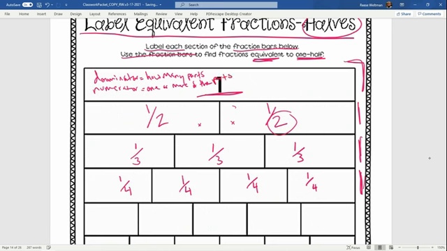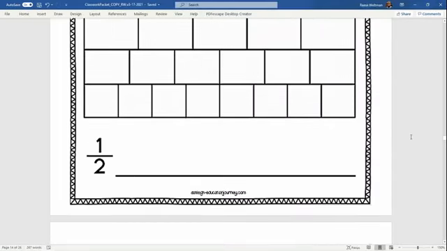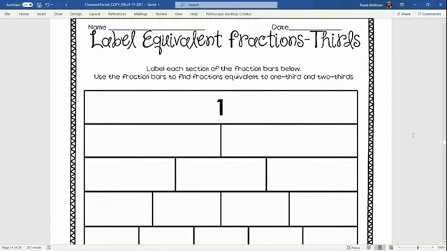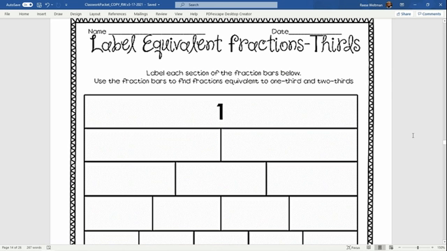You've got this halves page right here, and then you also have a thirds page. But guys, don't get freaked out. It's the same thing. 1/3 and 2/3. What is the thing at the bottom? Oh, good question.